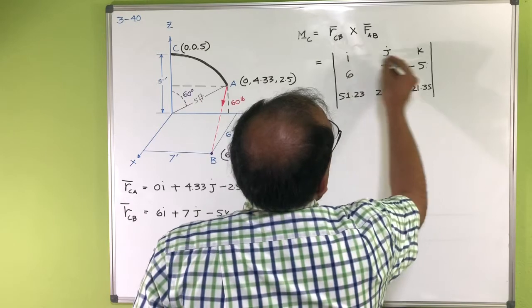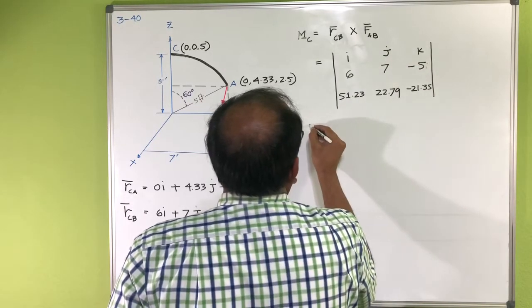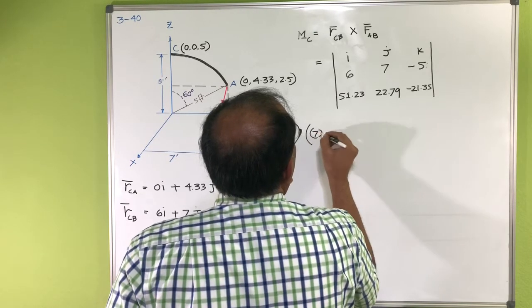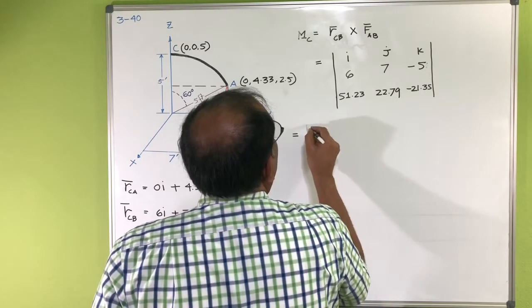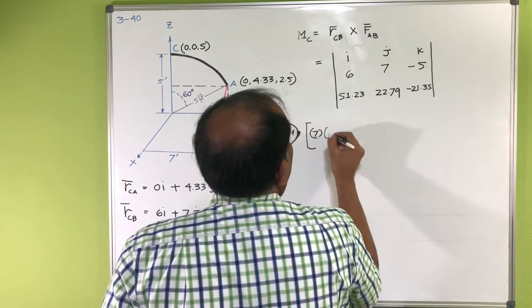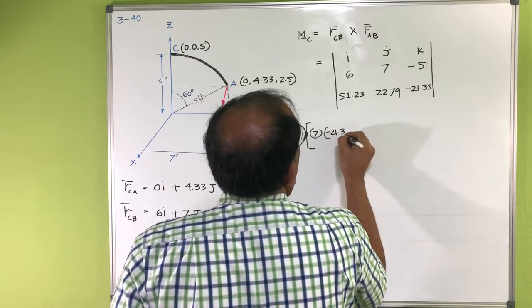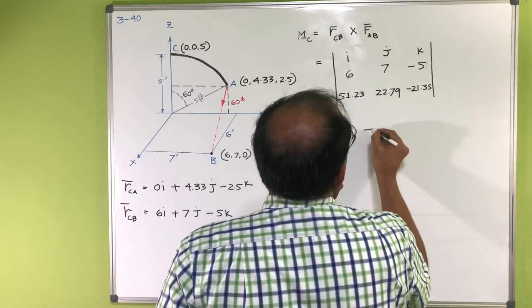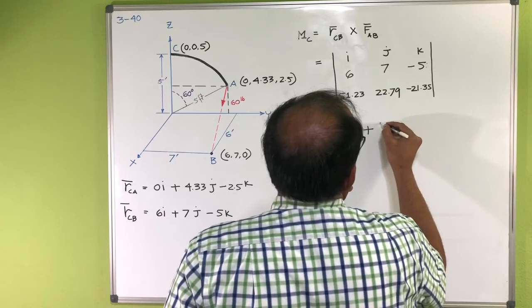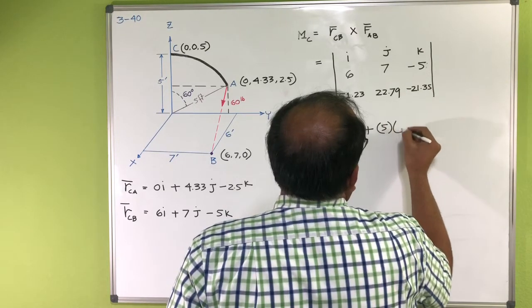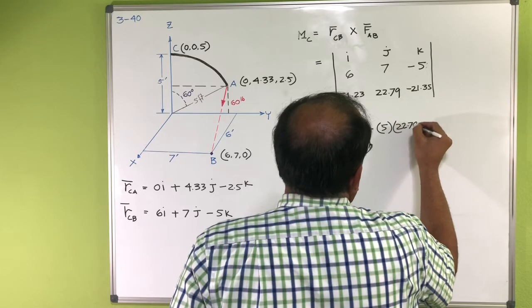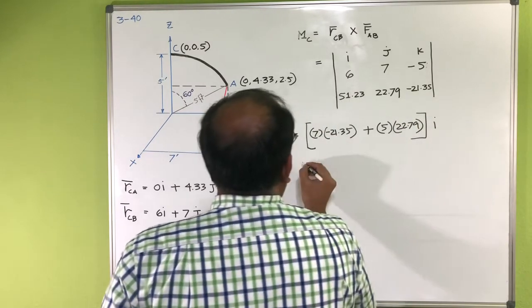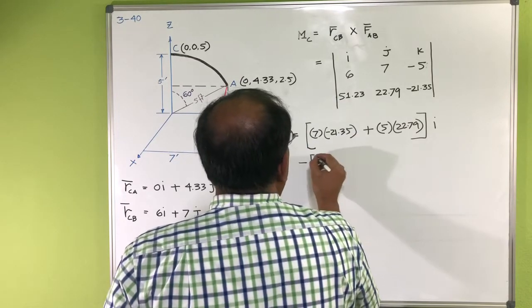When you're taking I, then 7 into minus 21.35, okay, minus, and there is a minus, so plus 5 into 22.79, that's I. Okay, minus j is negative.